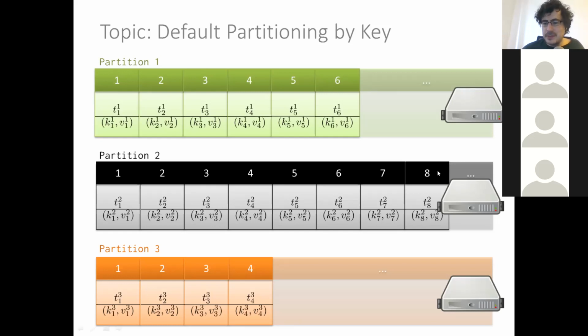But if different consumers are writing in parallel to different machines, then we won't be able to keep the order, right? It will create all these complications in terms of making sure that we don't have 2 consumers writing a different message 8 on different machines in different locations, for example. So we need, within each partition, to ensure this offset ordering so that this is the 8th message, for example.